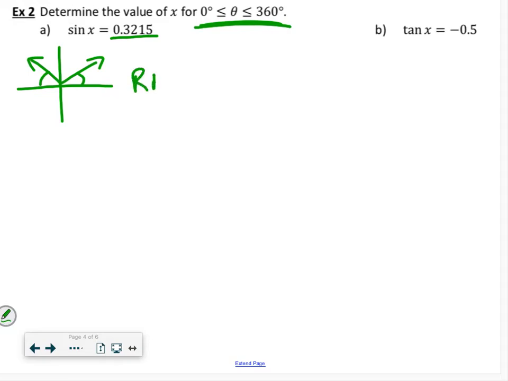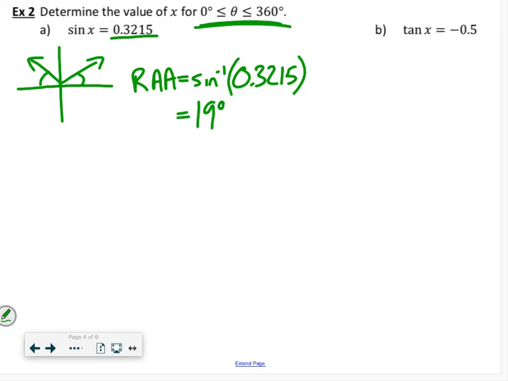So my related acute angle is going to be the sine inverse of 0.3215. So 0.3215 sine inverse is equal to, and we'll just take it to the nearest degree, 19 degrees.